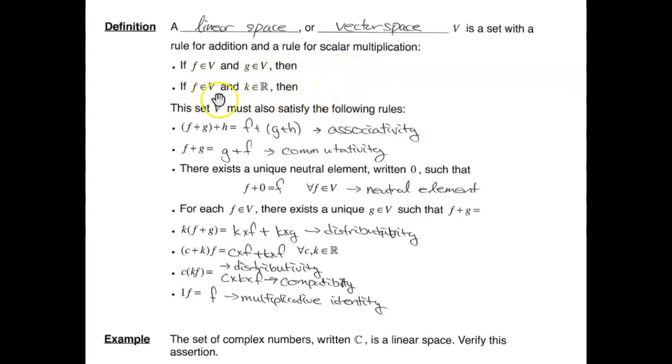If f is in the vector space and k, then kf is in the vector space, etc. You can switch. So if you think of vectors, if you have vector v and w, you can also do w plus v, and it's going to yield the same. It's commutativity. There's a zero element, like there's a zero vector, etc. You can multiply a vector by 1 and it still gives you the same vector, etc.